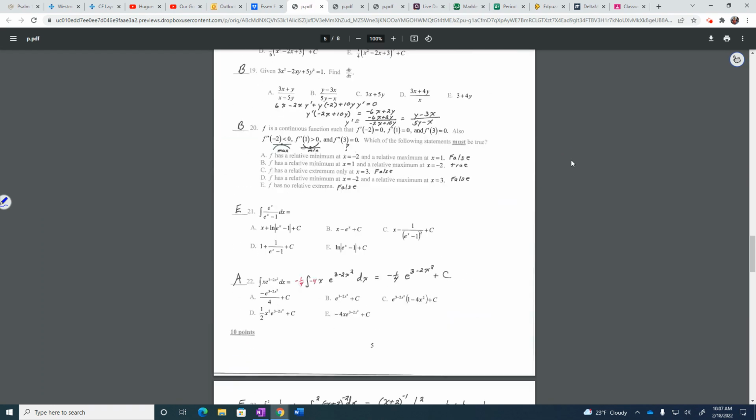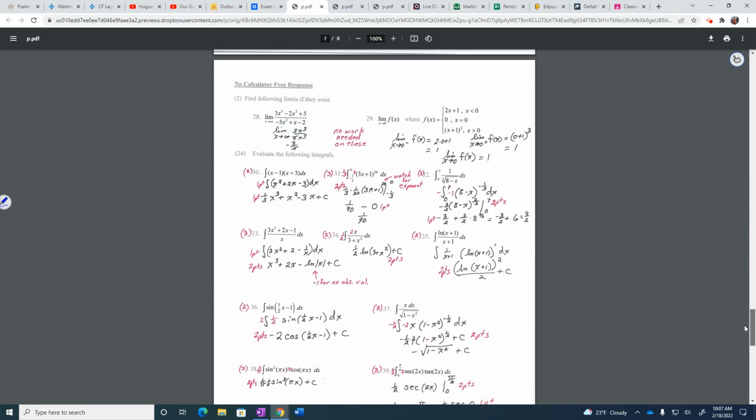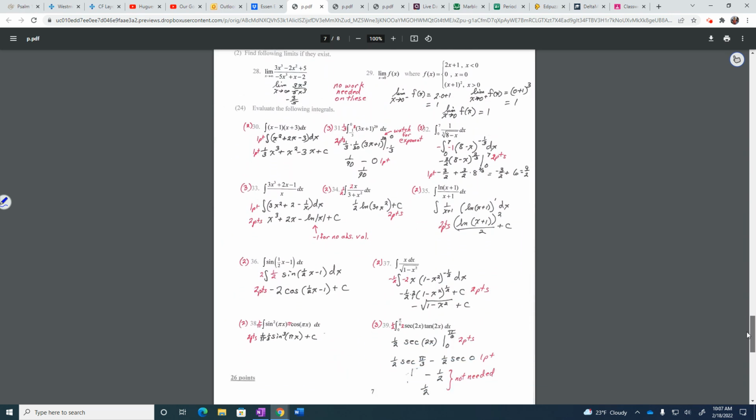We already went over the calculator section. A lot of people missed points on this page, which was the front of page 2. I remember 37.